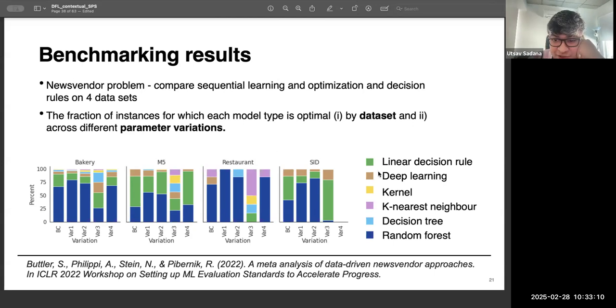Now, you can see that deep learning based models don't perform really well. Similarly, kernel based models or k-nearest neighbor sometimes perform well. You can see some appearance of this purple color and so on. And decision trees don't work well in practice for these data sets.